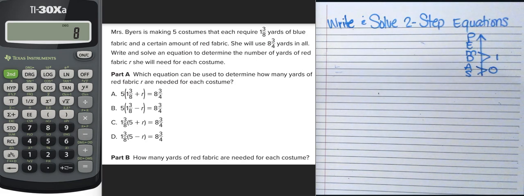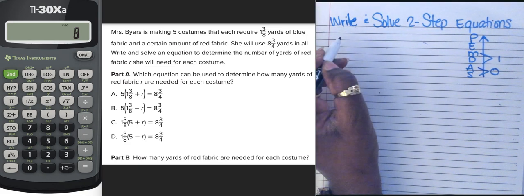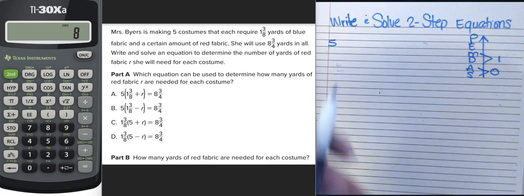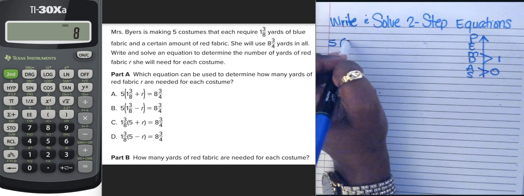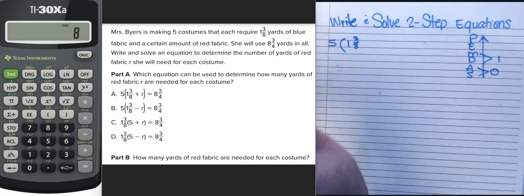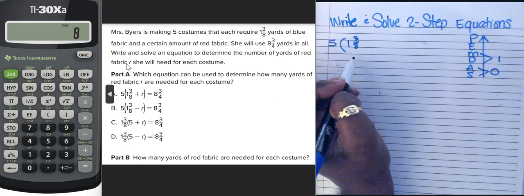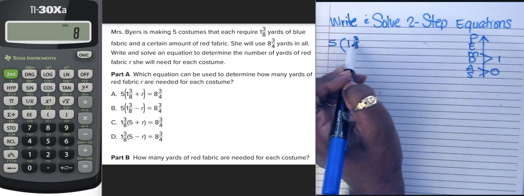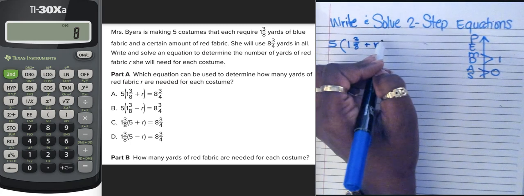All right, so the first thing that I notice, looking at the information, is there are 5 costumes. So I know that we are going to be multiplying by 5 because we're making 5 of those costumes, and each of those costumes is going to have 1 3/8 blue fabric and a certain amount of red fabric, which they have told us is going to be indicated by R. So each one of those is going to have 1 3/8, which is the blue fabric, plus the red fabric.